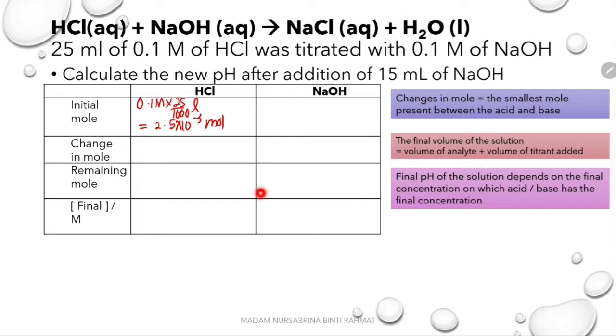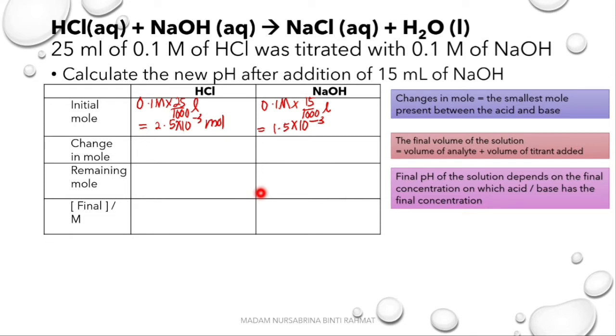I add 15 milliliters of NaOH, so the molarity of NaOH is 0.1 molar times 15 over 1000. You need to convert the volume into liters. You get the number of moles of NaOH to be 1.5 times 10 to the power of negative 3.